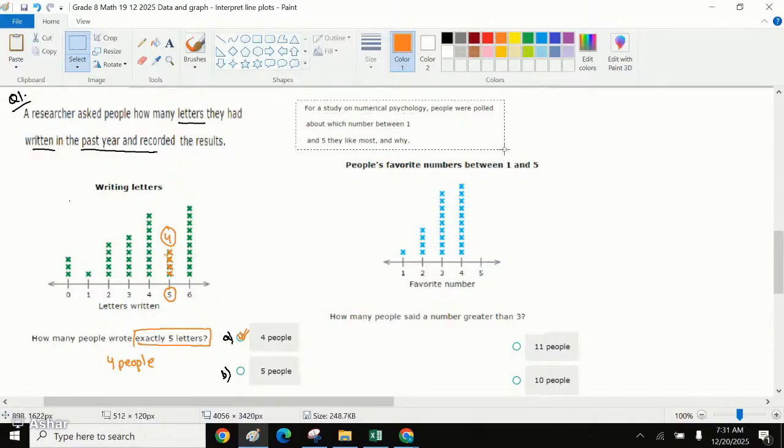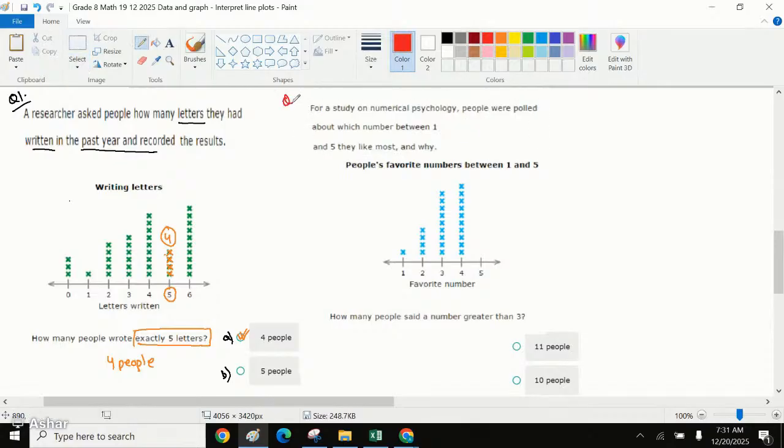For a study, numerical psychology, it's a study about people and their behaviors. In this study, people were polled, they were asked which number between 1 and 5 they like the most, right?